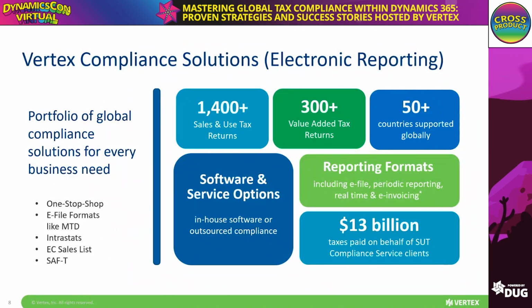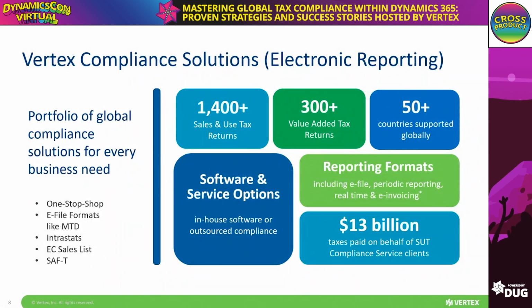So if you're a global business, obviously the highest volume here is within the United States, but we also find for VAT and other regions that, depending on the number of countries you're in, even that can become cumbersome, especially when you're required to accommodate these different filing methods and formats. So you may be experiencing the MTD, which is an electronic filing format, Intrastat, the SAF-T.